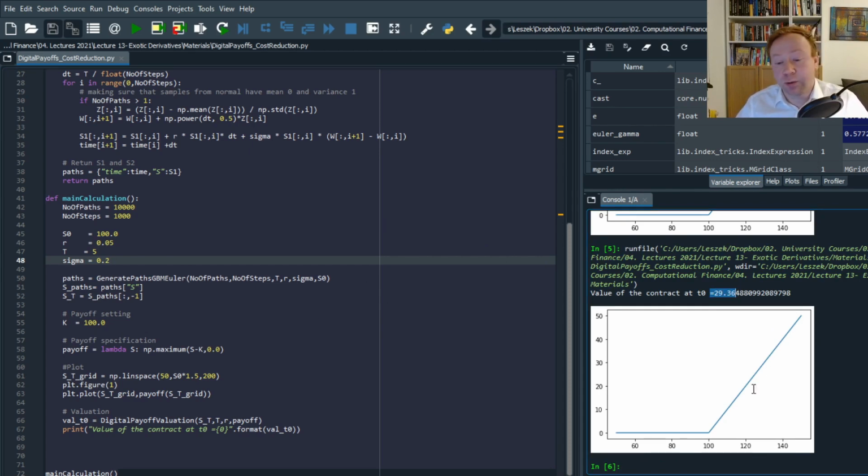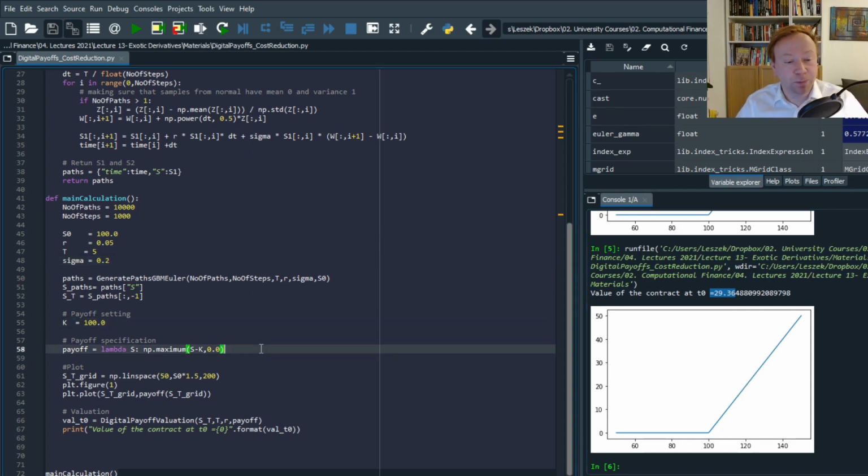Okay, now let's try to reduce this potential infinite growth of the stock, and we will make sure that we have a payoff of a shape that grows up to, let's say, 120, and then it flattens out. So everything above 120, there is an upper limit. So if the stock even goes to 500, there is nothing above that limit.